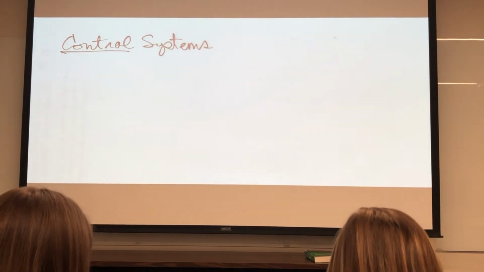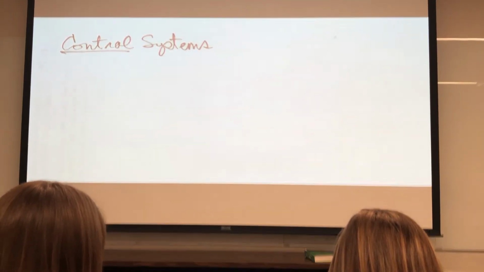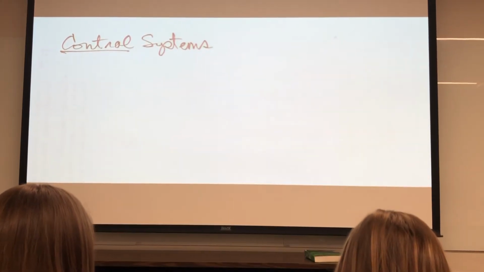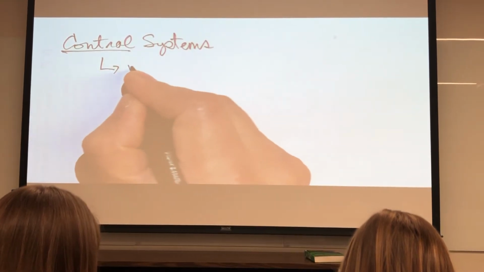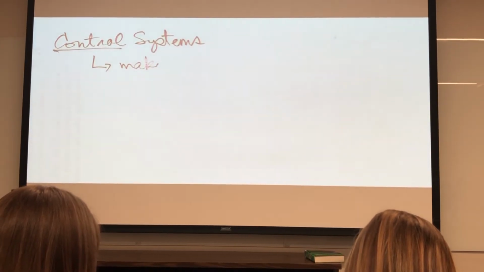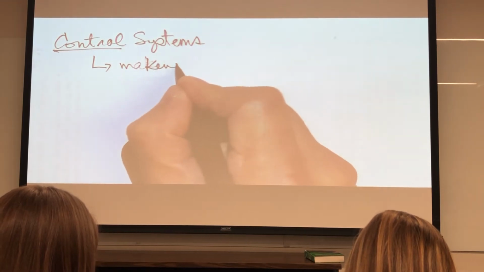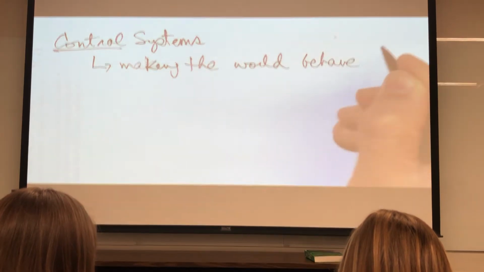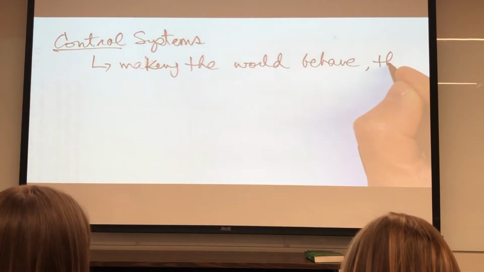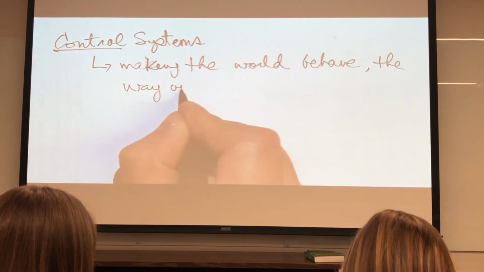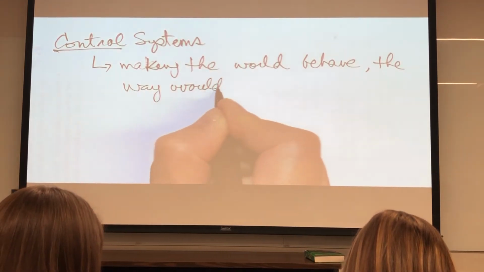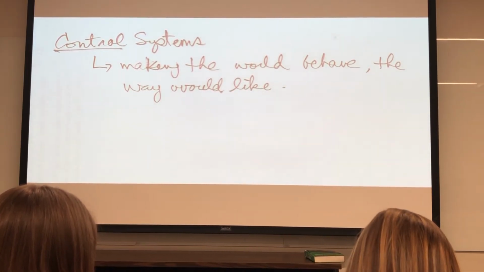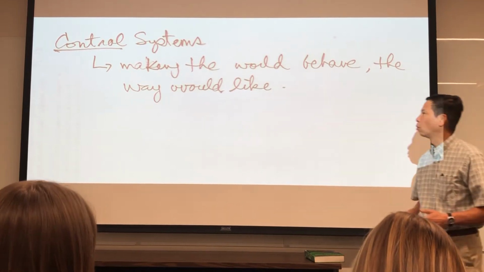Basically, I want to focus on the word control. And my take on this is that control systems is all about making the world behave the way we would like.